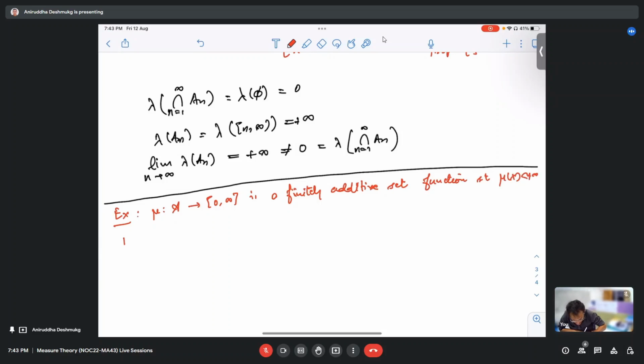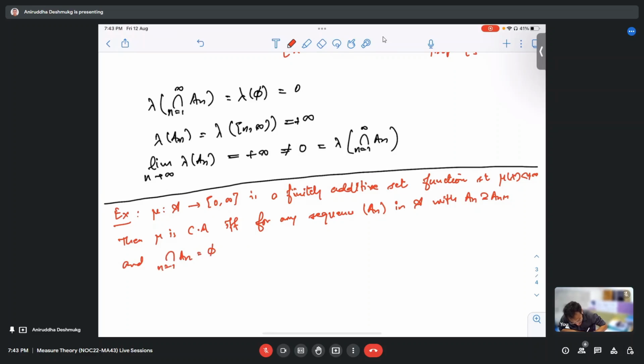Then we have to prove that mu is countably additive if and only if for any sequence A_n in A which is decreasing and whose intersection is empty, the limit of mu(A_n) is 0.